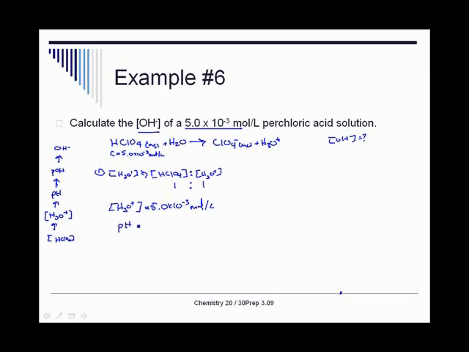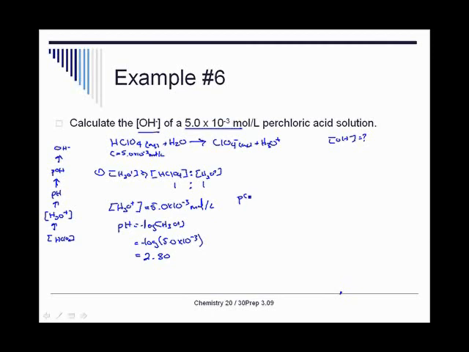Now from that we can get pH. We know that pH is the negative log of the concentration of hydronium ions. So it's going to be negative log of 5.0 times 10 to the negative 3, and so our pH is 2.30, and from that we can get pOH.